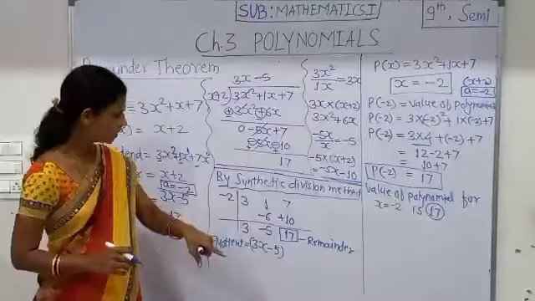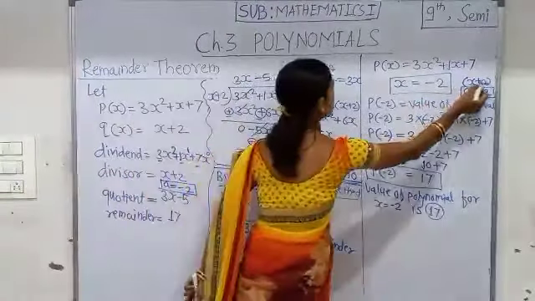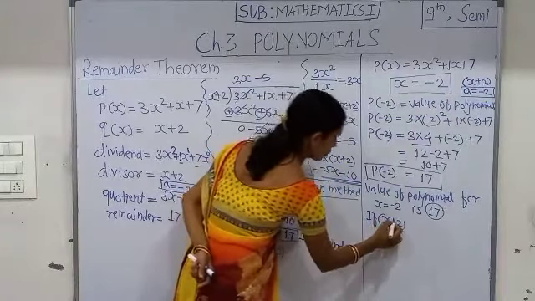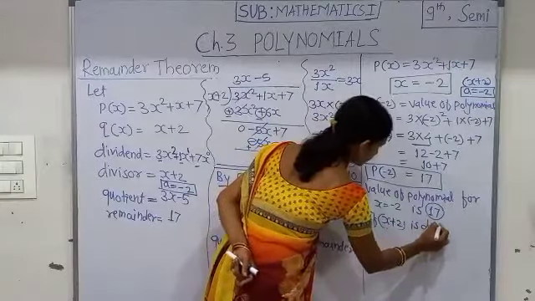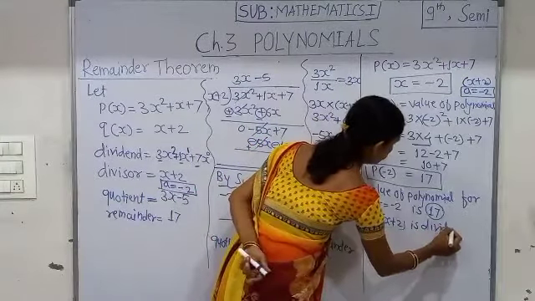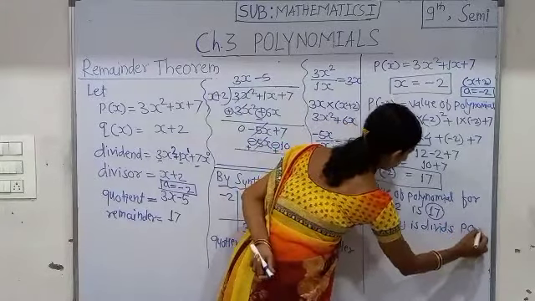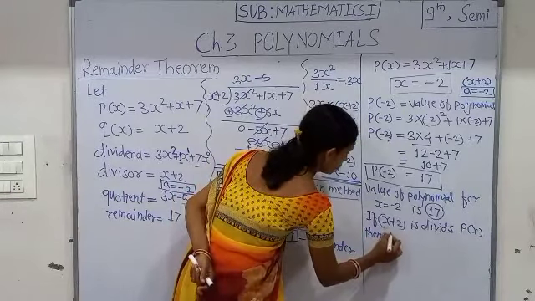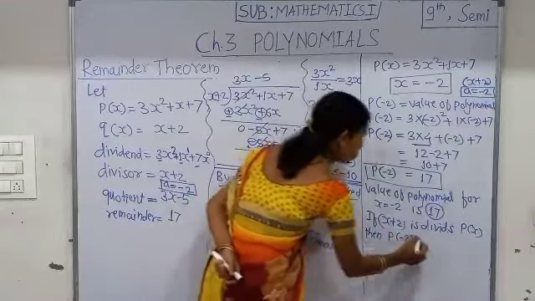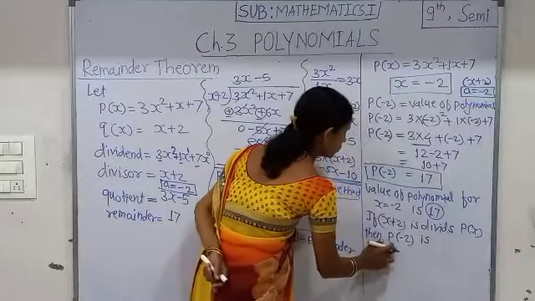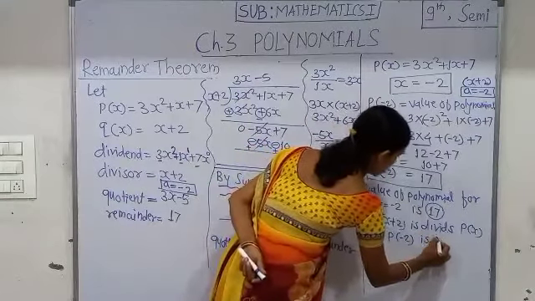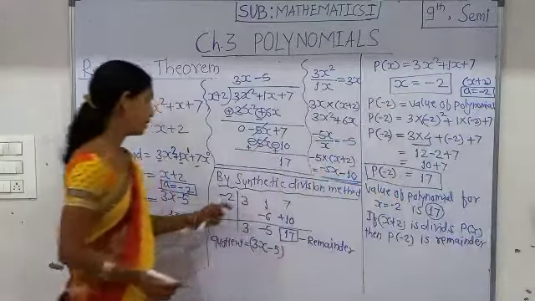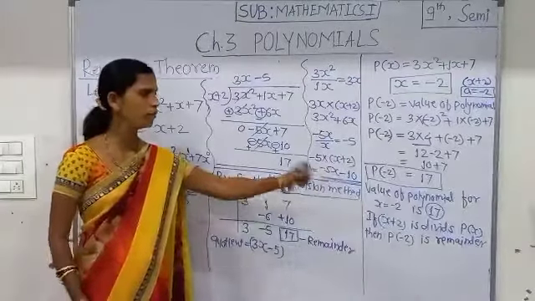That means if x plus 2 is a divisor which divides polynomial p(x), then p(-2), which is the value of the polynomial, is the remainder of that example. That is the remainder theorem.